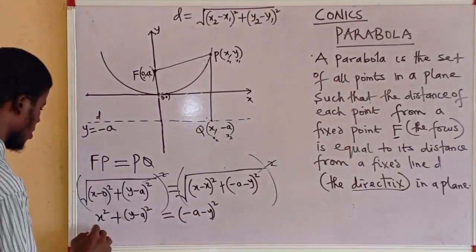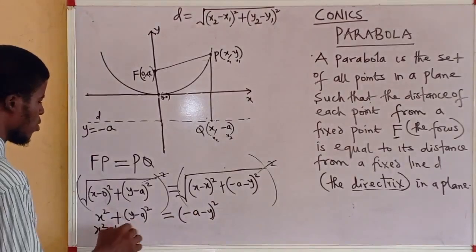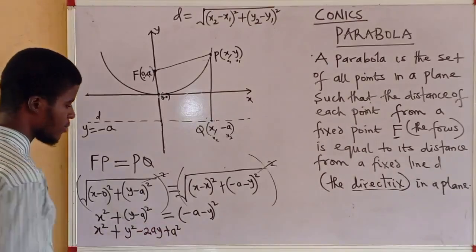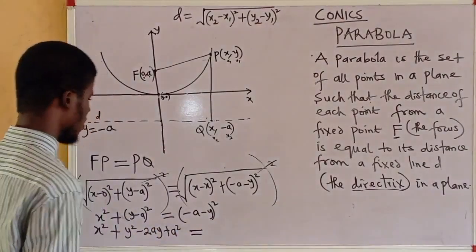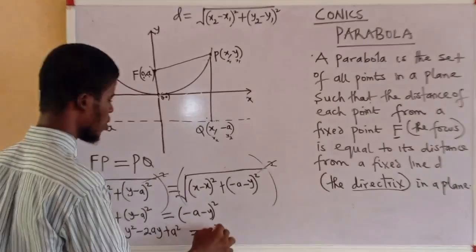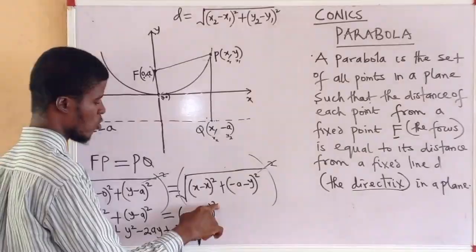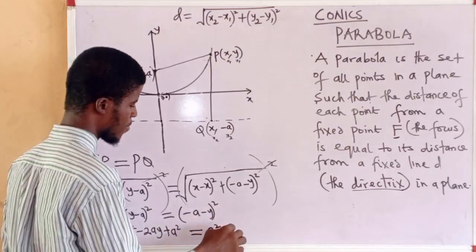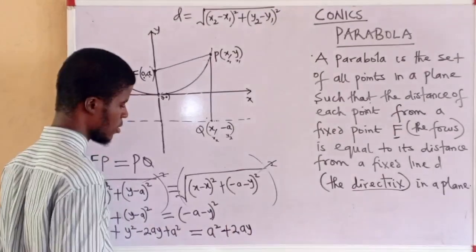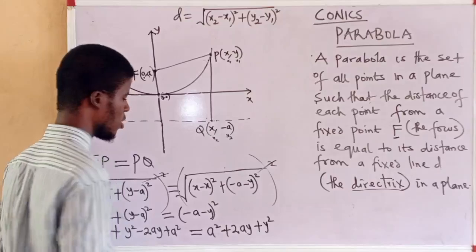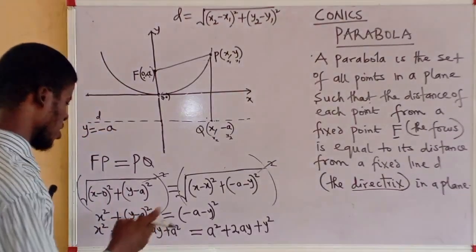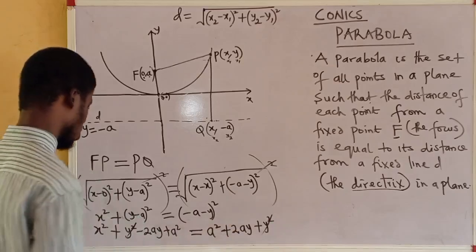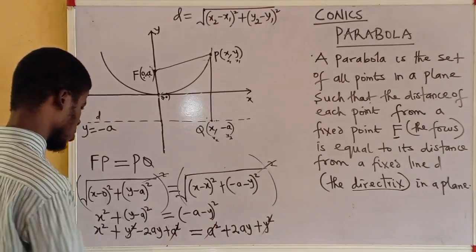Let's simplify it. If I expand this, I obtain y squared minus 2ay plus a squared, which is equal to, if I expand this, a squared, and 2 times minus a times minus y, that's plus 2ay, plus y squared. You can expand it on your own and see how it gives us this. So y squared takes away y squared, and a squared takes away a squared.